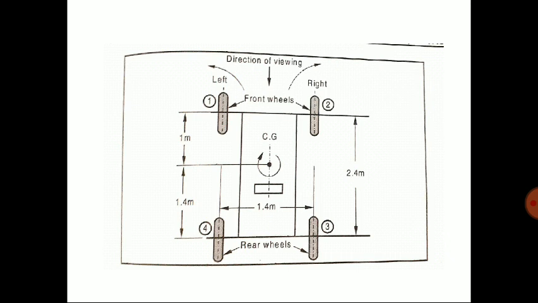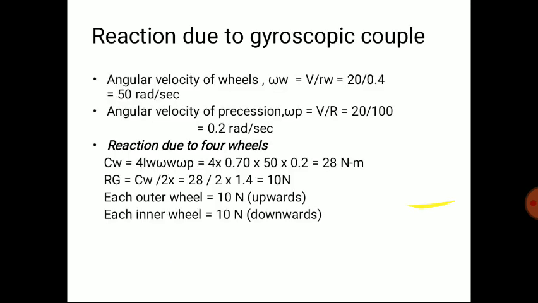So CW by 1.4, when we are dividing by 1.4, we are getting the gyroscopic reaction, that is the reaction on either the 2 inner wheels or the 2 outer wheels. By 2 means we are getting a reaction on each outer wheel or each inner wheel.